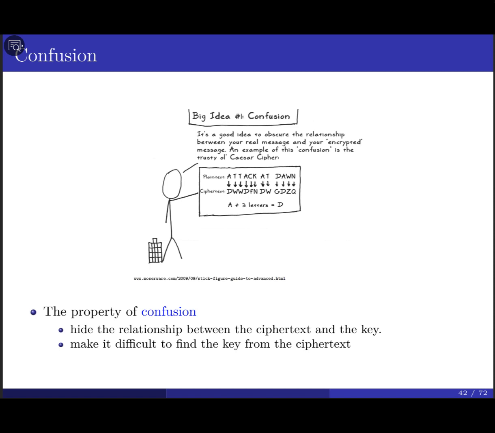Confusion is the technique used to ensure that the ciphertext gives you no clue about the plaintext. So by looking at the ciphertext, you cannot say, oh, since the ciphertext looks like this, I expect this is the corresponding plaintext, or it's easy for me to guess the plaintext. Okay? How can you achieve that? You achieve this using what is called substitution.